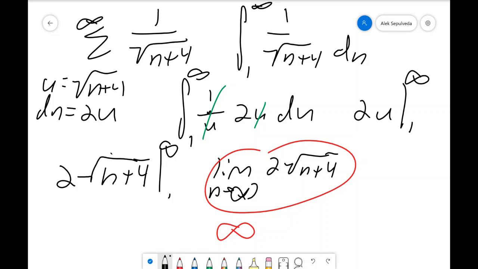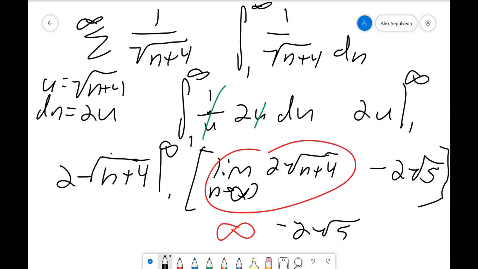And then if we plug in 1, minus 2 square root of 5. So infinity minus 2 square root of 5 is just equal to infinity. So the entire thing diverges.